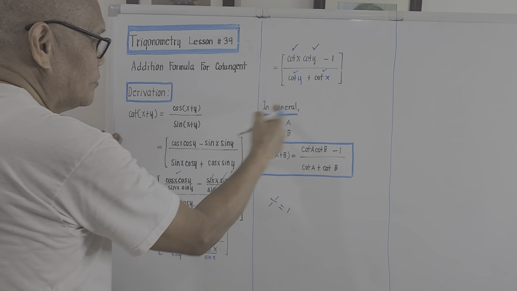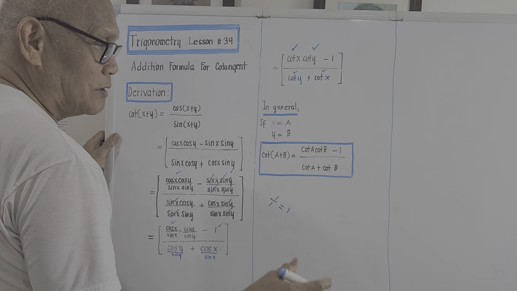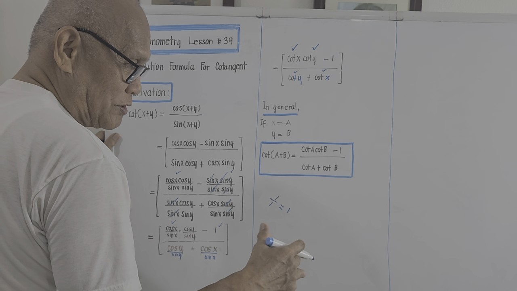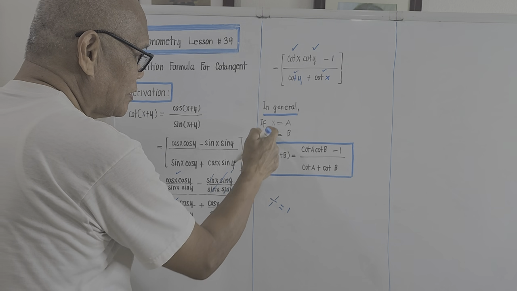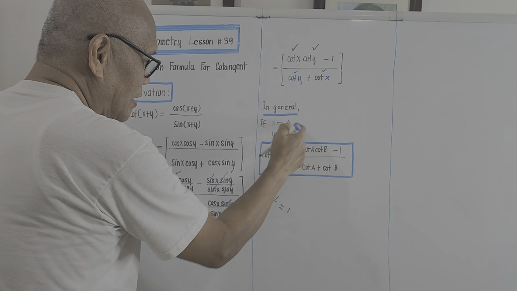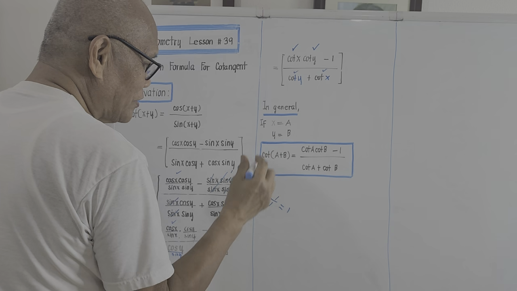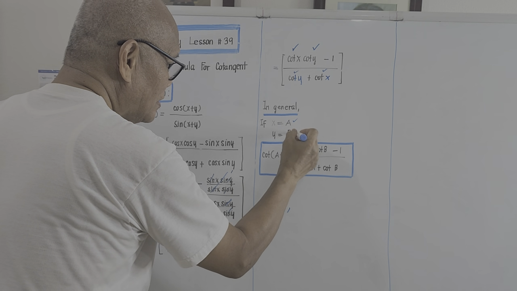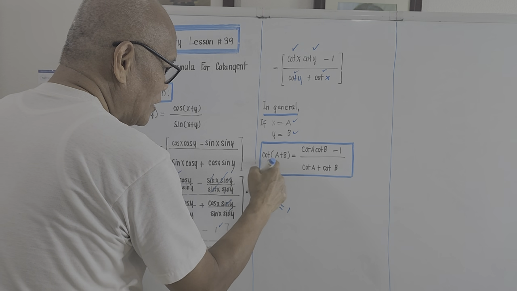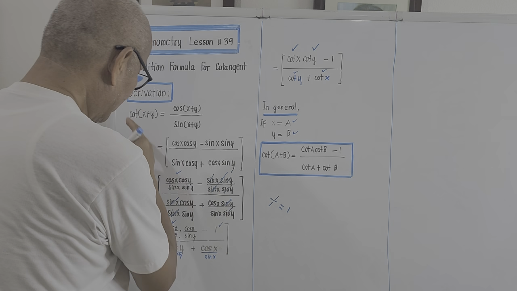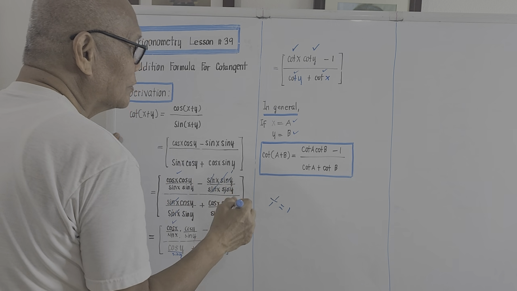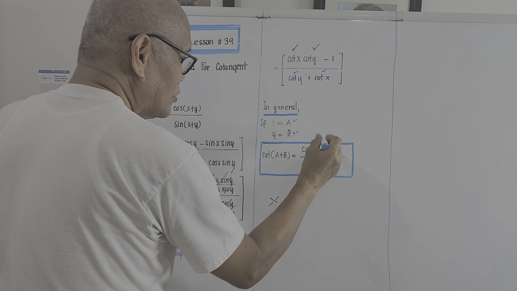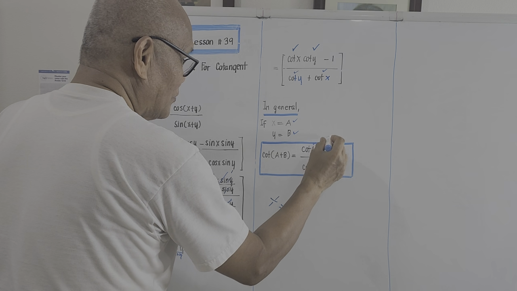So in general now, if we try to bring out the general identity for the cotangent of a sum, we change x to a and y to b. So if the angles are a and b, cotangent of a plus b should be equal to cotangent of a, cotangent of b, minus 1, all over cotangent of a plus cotangent of b.